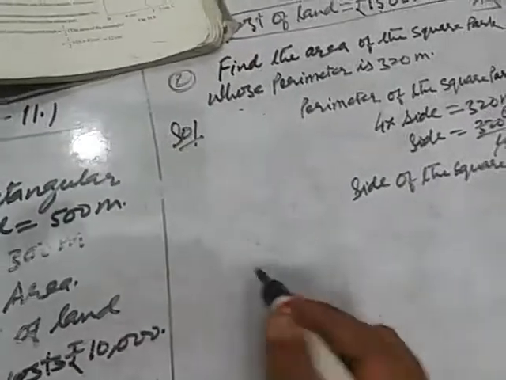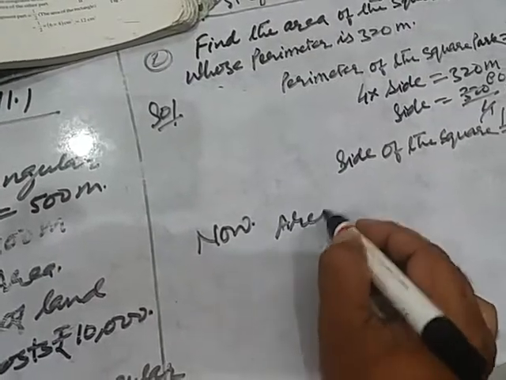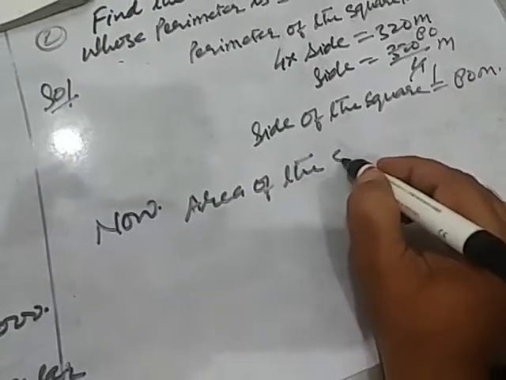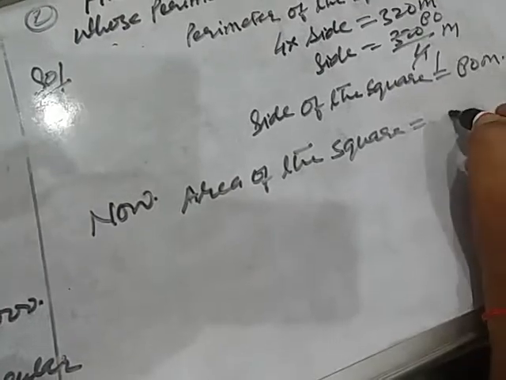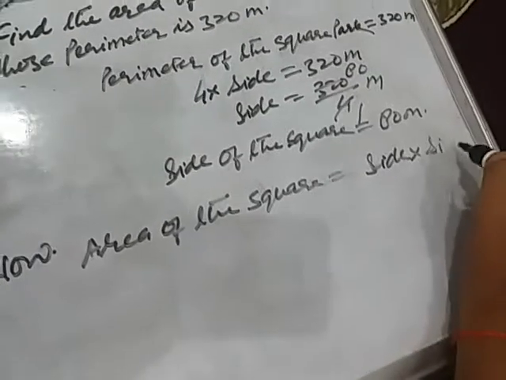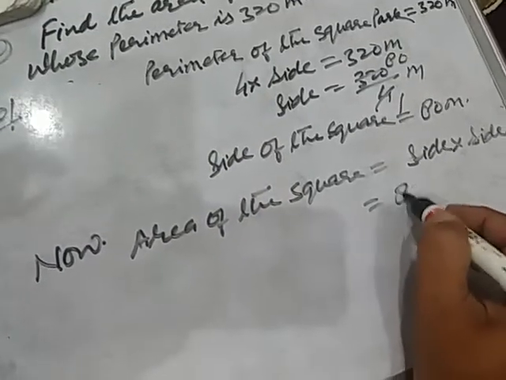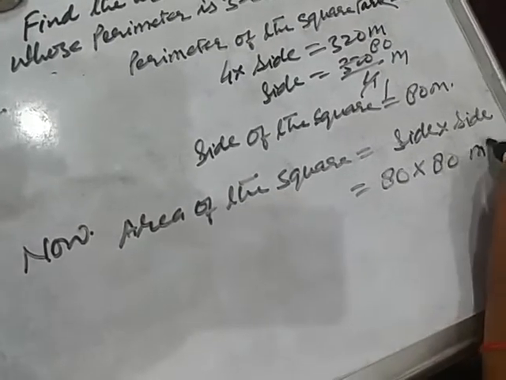Now area of the square. Area of the square equal to side into side, which is 80 multiplied by 80 meter square.